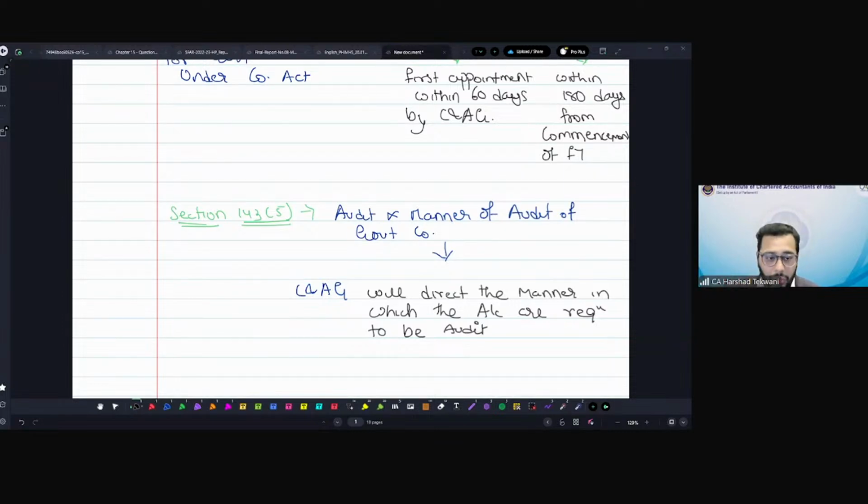I'm specifically talking about the Companies Act. That means when you are doing audit under Companies Act for the public sector undertaking, C&AG specifically directs how audit is required to be done, and what are the critical areas that are required to be focused upon. Accordingly, all those things are mentioned in the directions which are issued by C&AG.